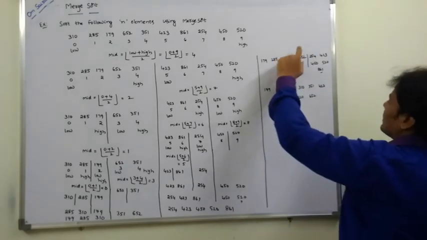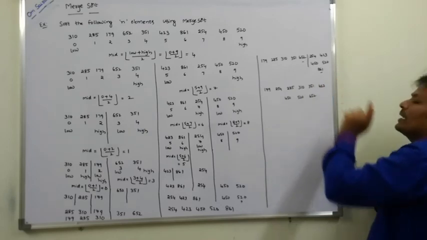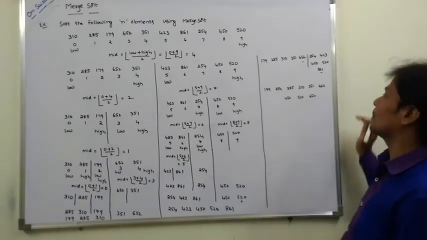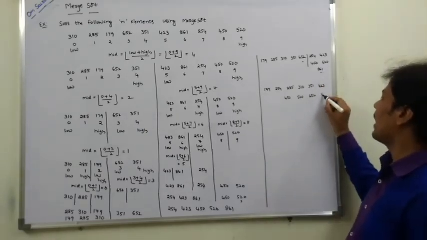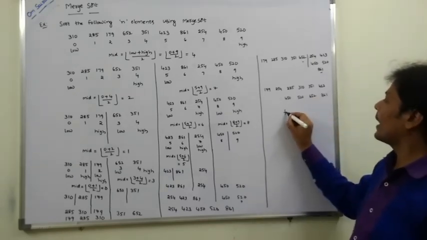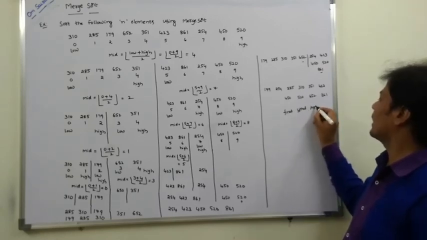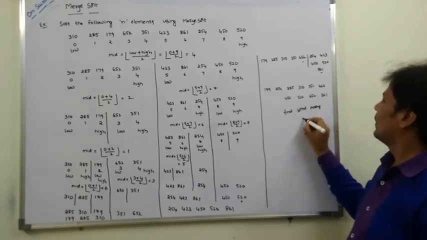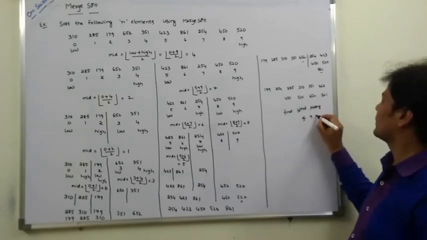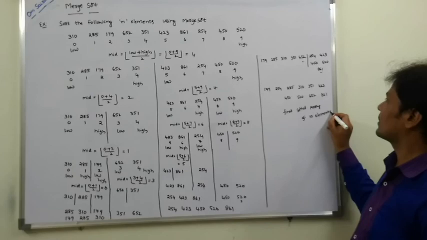So the first sublist completed all the elements. So then only one element is there in the second sublist. So this element is directly added to the new sorted array. So this is the final sorted array of 10 elements.